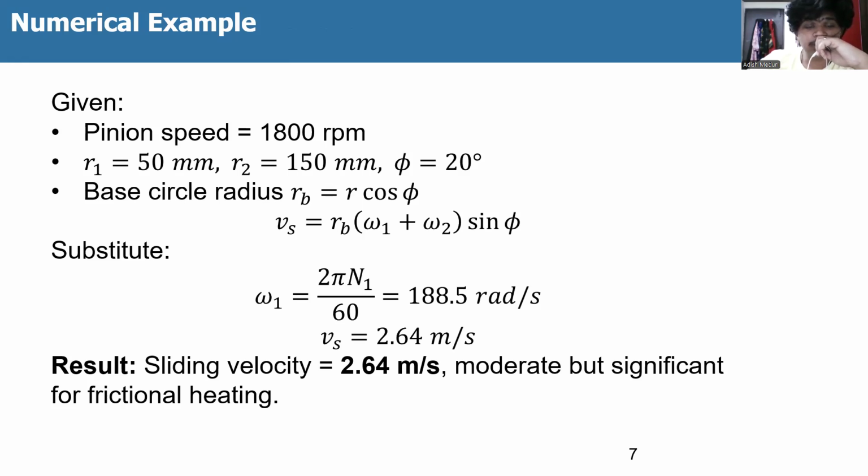Putting this in the equation, we get Vs equals 2.61 meters per second. Result: sliding velocity is about 2.64 meters per second, moderate but significant for frictional heating.